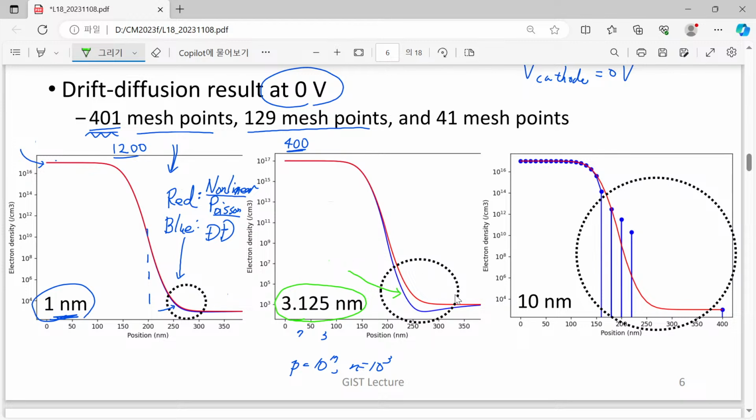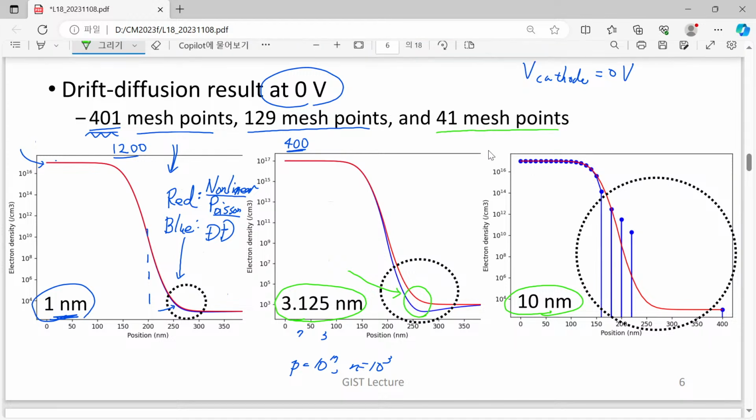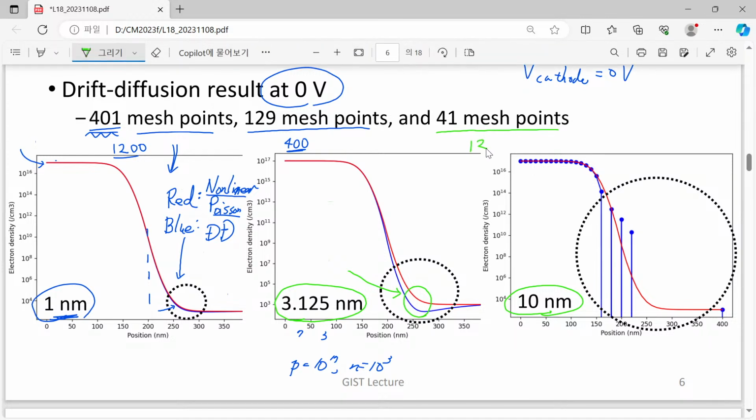Maybe once again you feel this difference is not that much, but if you say so, then I want to move to the 10 nanometer case. Now the spacing is just 10 nanometer and you have just 41 mesh points, and your unknown variables are just 123.